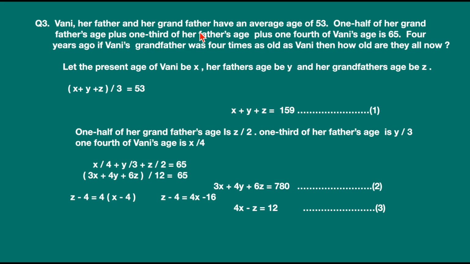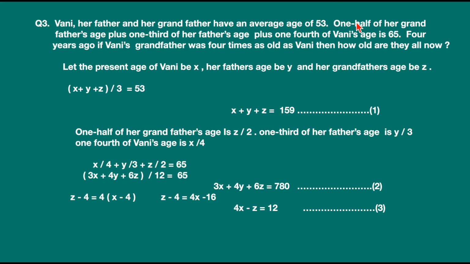Vani, her father and her grandfather have an average age of 53. So the average of these 3 ages is 53. So let's write down (X + Y + Z) divided by 3 is equal to 53. If you take 3 to the right hand side, you will get X + Y + Z = 159. This is the first equation.